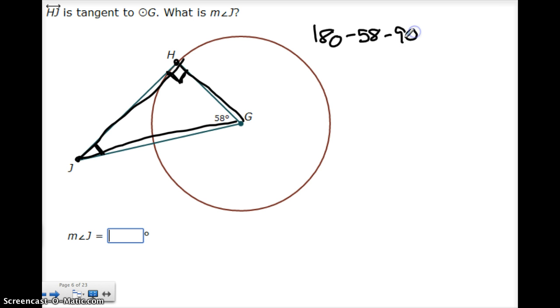And what's left is our angle J. So let's see, I put this into my calculator, and I find out that my missing angle is going to be, that's right, 32 degrees. So going back to this, my angle J is 32 degrees, and that's all you got to do. 180 minus your two other angles.